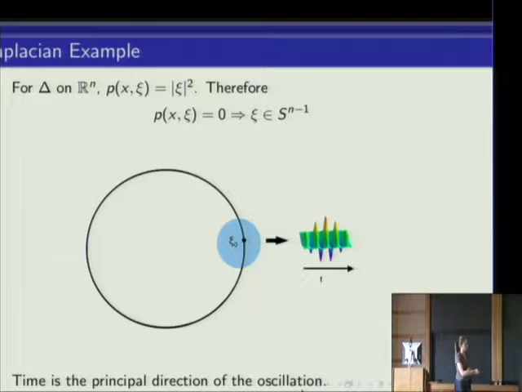This produces a packet where the principal oscillation is in the same direction as xi naught, and then we have some sub-principal oscillation. Notice that you have the curvature, and this gives you the dispersion. So for the Laplacian, the principal oscillation becomes the time direction, and then you have your other directions in which we're trying to use dispersive estimates to determine concentrations. So that's the case for the Laplacian.